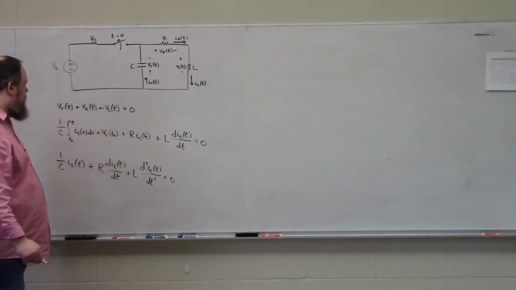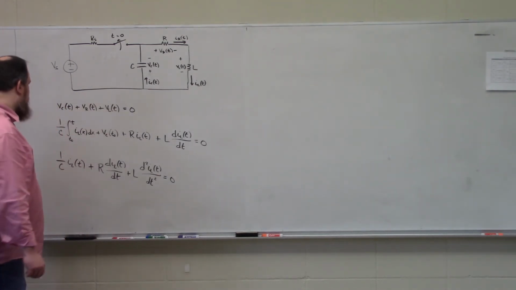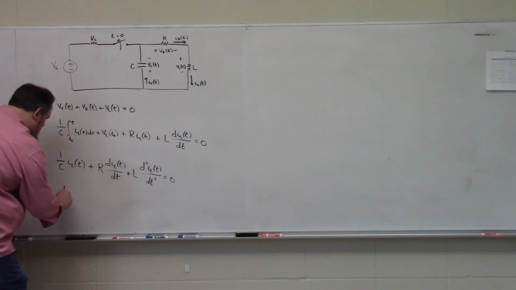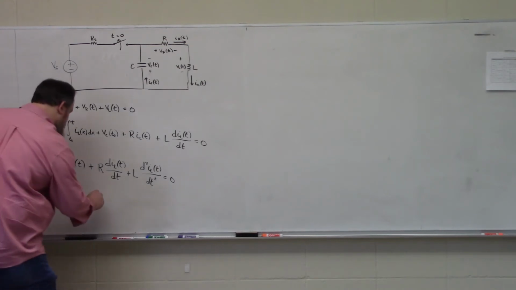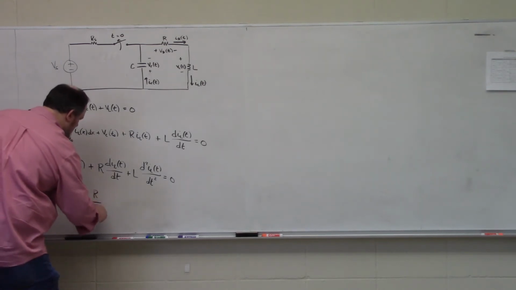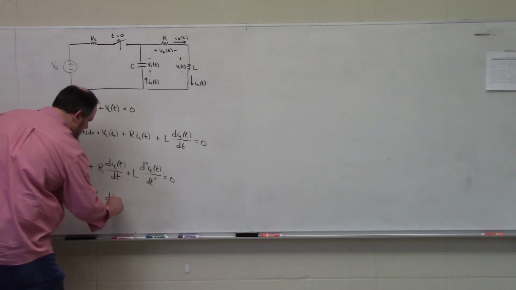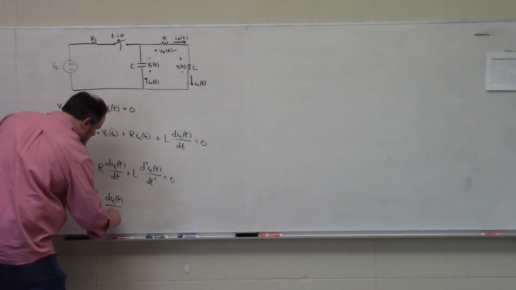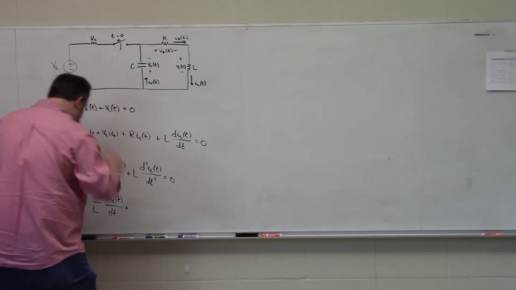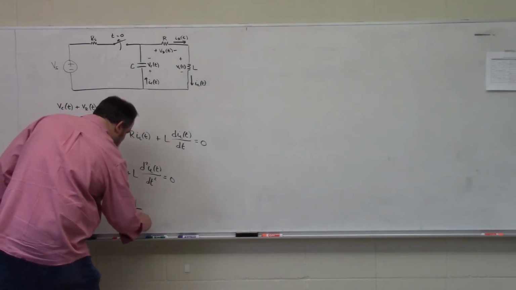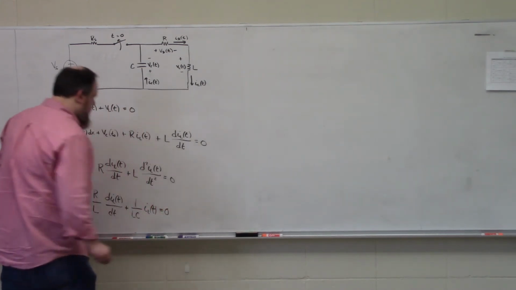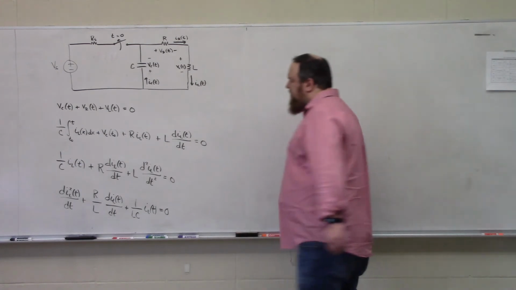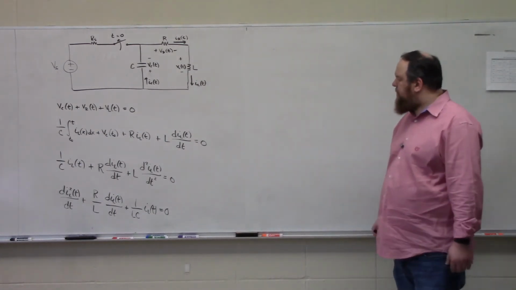And we're going to divide both sides by L and rearrange slightly so that we get d squared IL by dt squared plus R over L dIL by dt plus 1 over LC IL is equal to 0. So this is our second order differential equation.